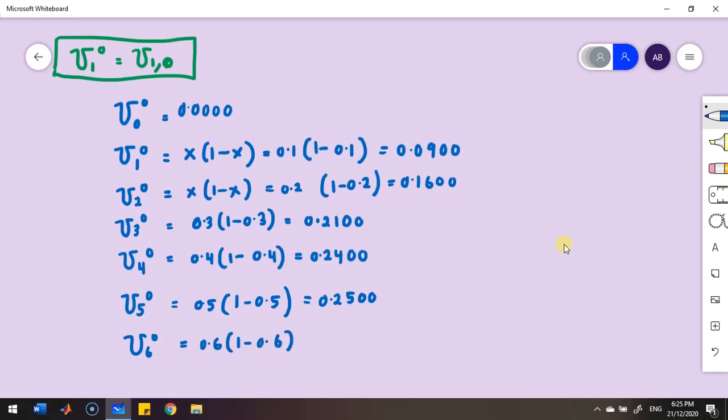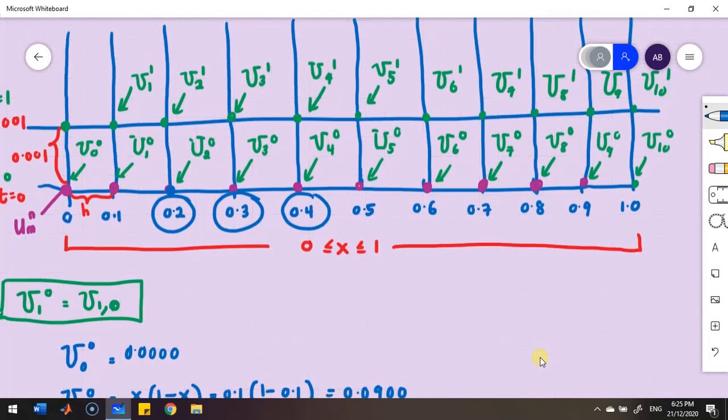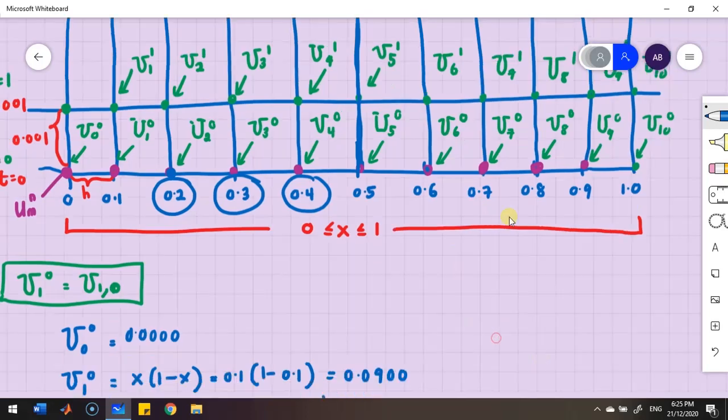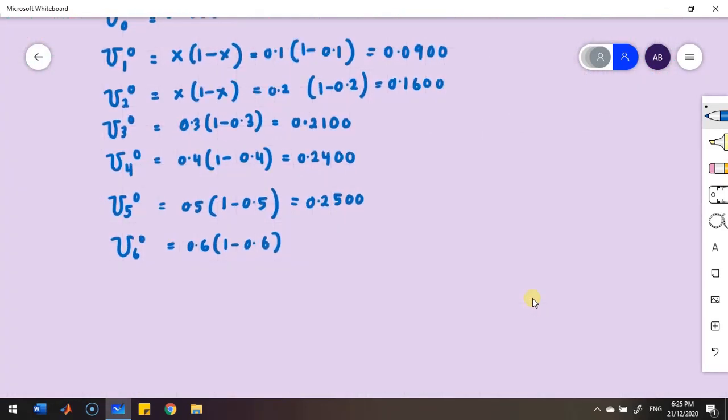And here you have 0.6 times 1 minus 0.6. Look at here now. What happened here? The interval is actually symmetric. Going back from here, it's going to be similar to my 0.4. So 0.4 times 0.6 gives 0.2400.